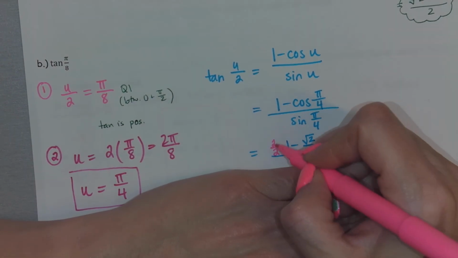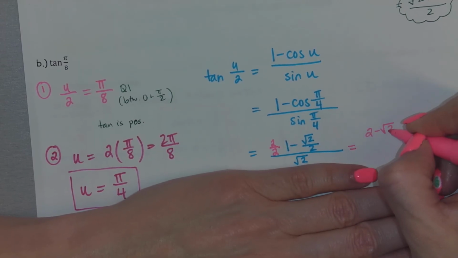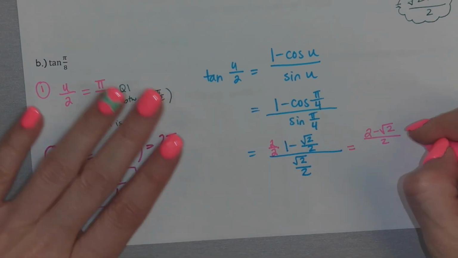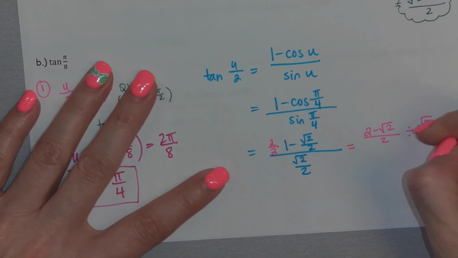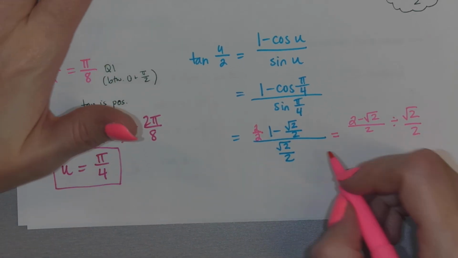Okay, so 1 is 2 over 2. So on the top, I'm going to have 2 minus root 2 divided by 2. And then this is divided by root 2 over 2. So then I can just keep change flip.